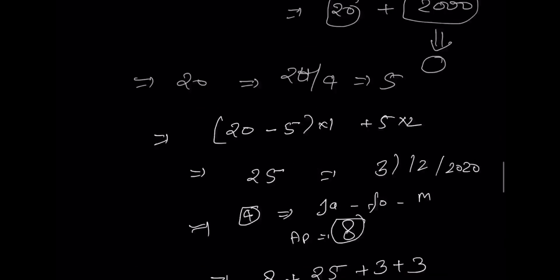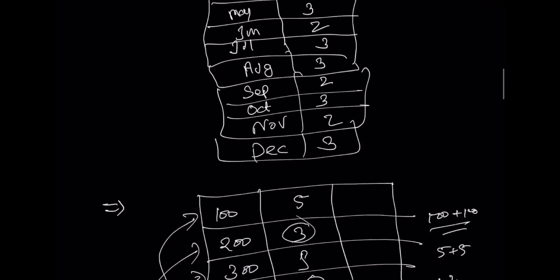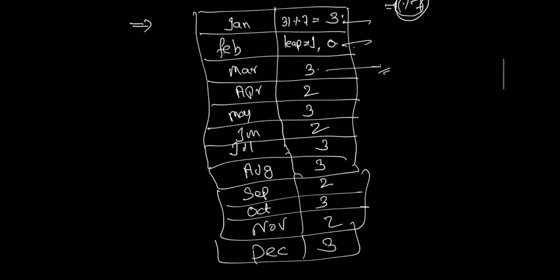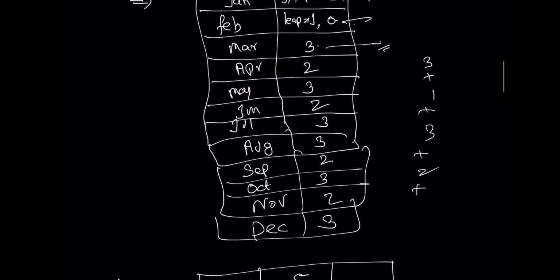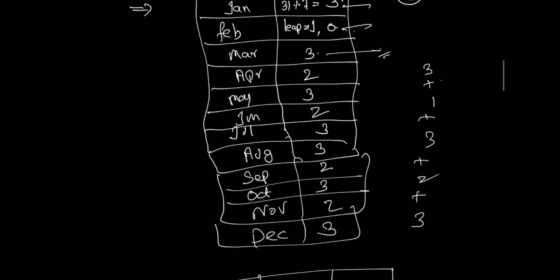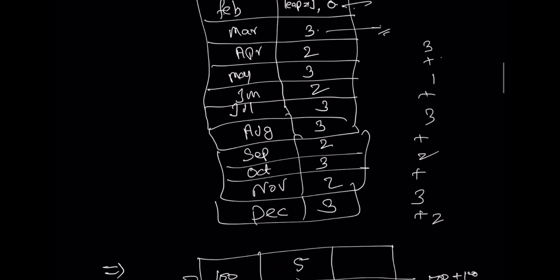For 7 months we're going to go to our table. 3, 1828 is a leap year so 1, then 3, 2, 3, 2, 3.